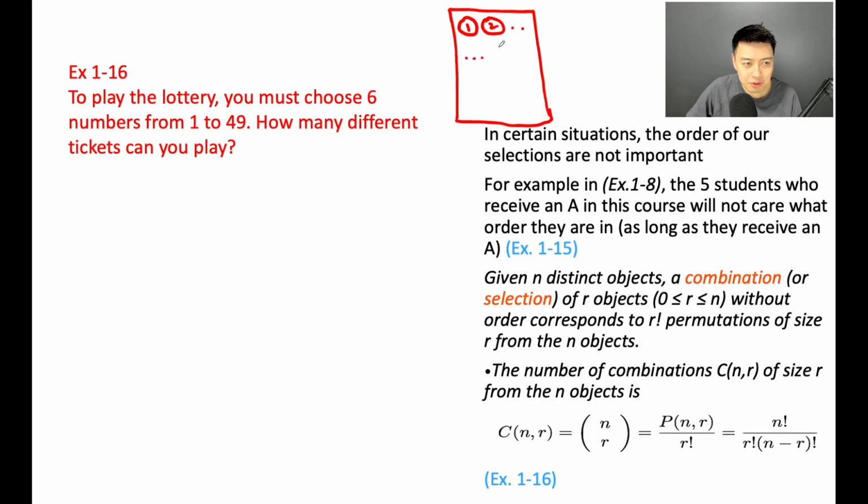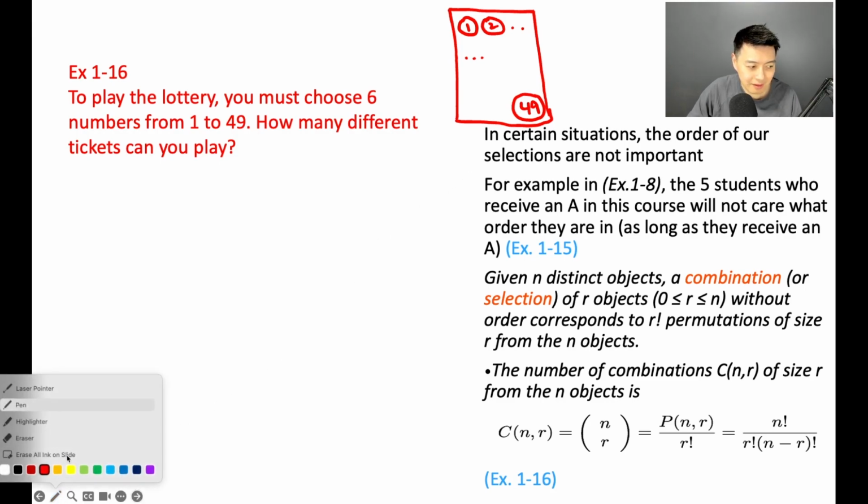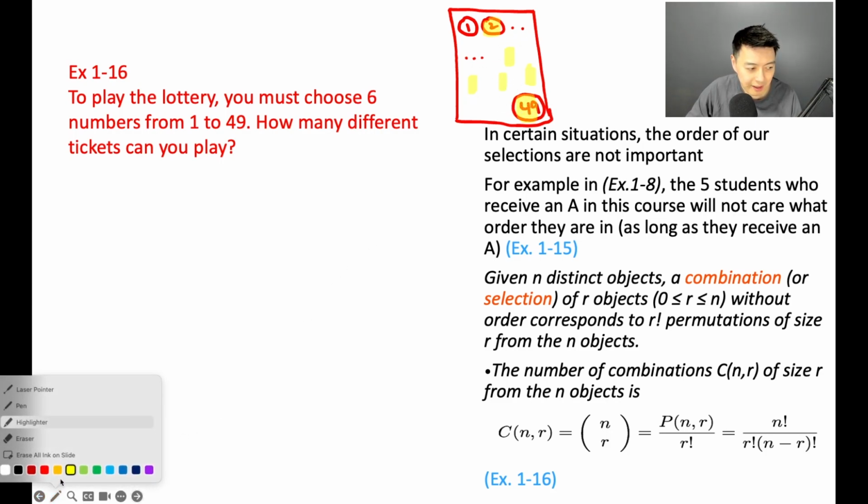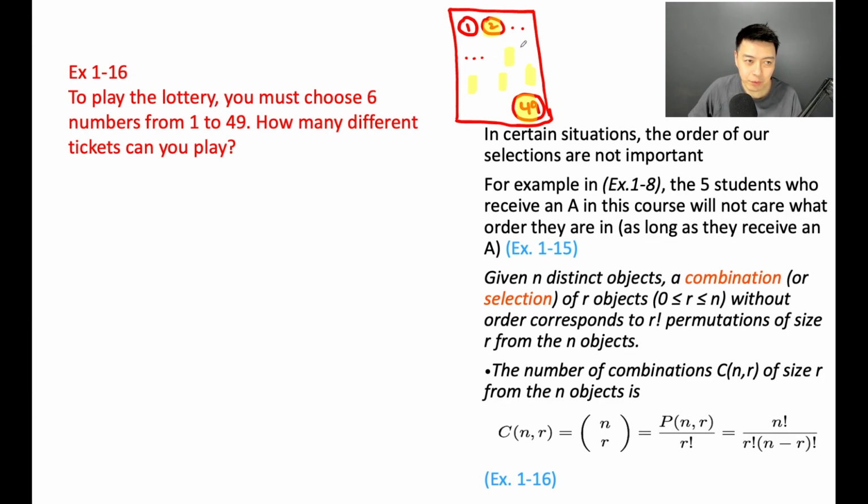So you have all of these numbers, 1 through 49, and we go into a ticket office and we pick 6 of them. So 1, 2, 3, 4, 5, 6. Let's say we pick all of those numbers, and that is 1 ticket that we can play. So the idea is that from the 49 numbers, we want to choose 6 numbers to play in that lottery.